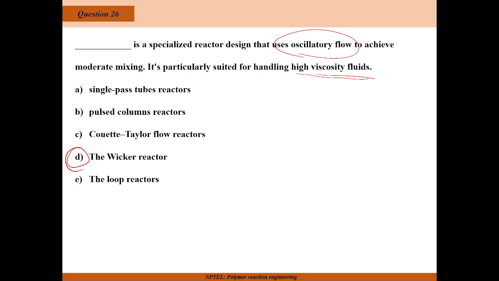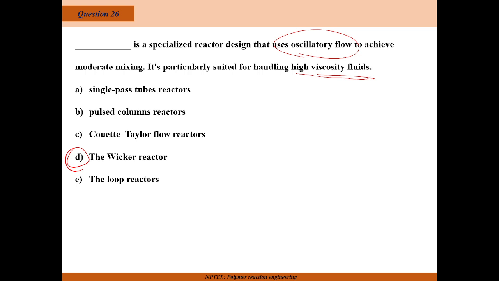So the single pass tube reactor is ideal for fast reactions like plug flow reactions. In the pulse column reactors, we induce some kind of pulses for mixing. In Couette-Taylor flow reactors, the shear flow is controlled.